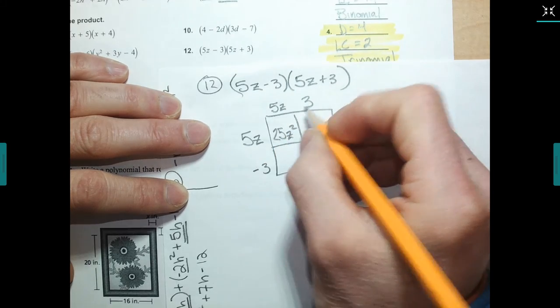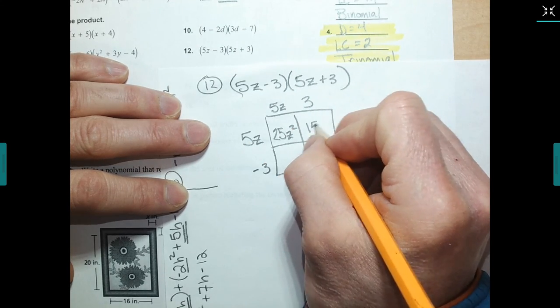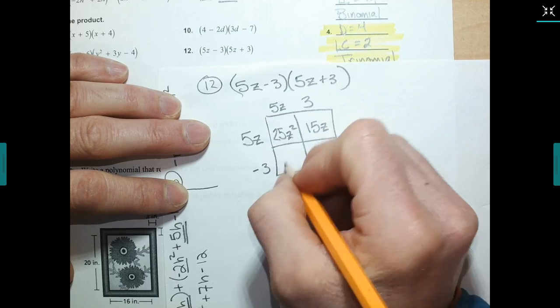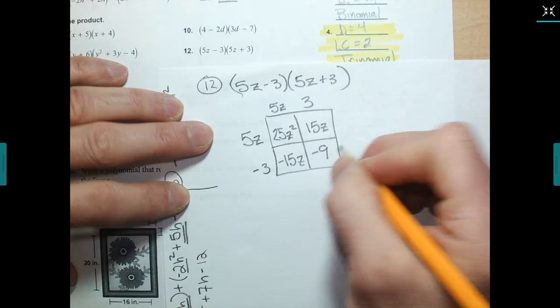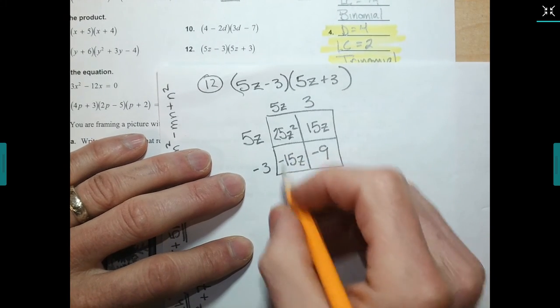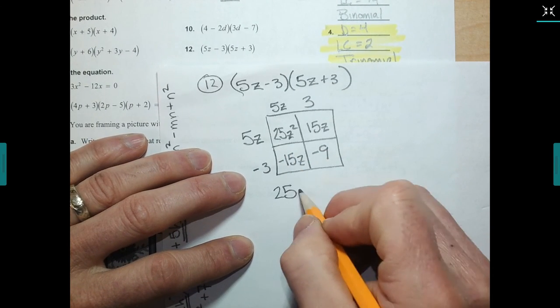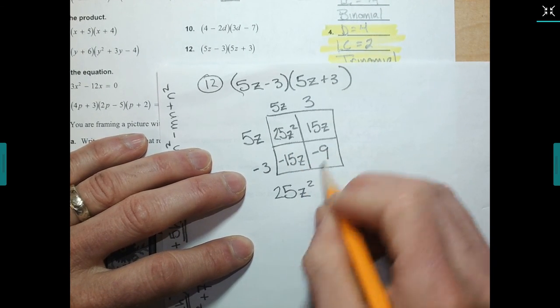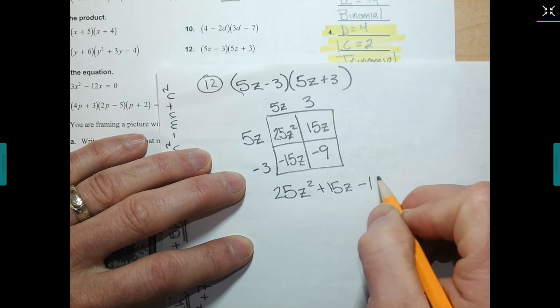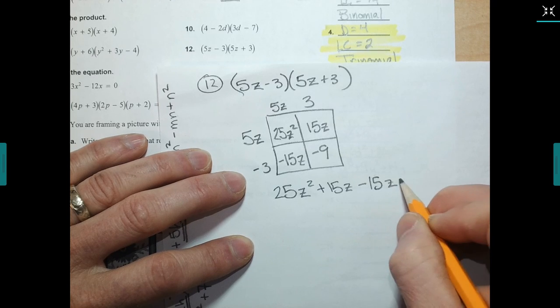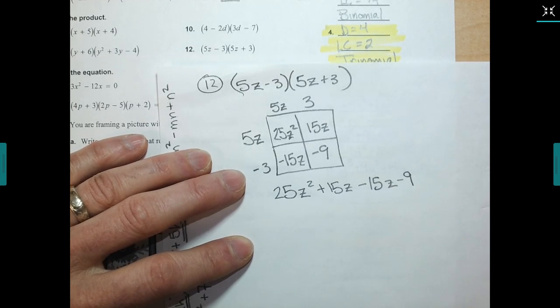25z squared plus 15z minus 15z minus 9. So 25z squared plus 15z minus 15z minus 9.